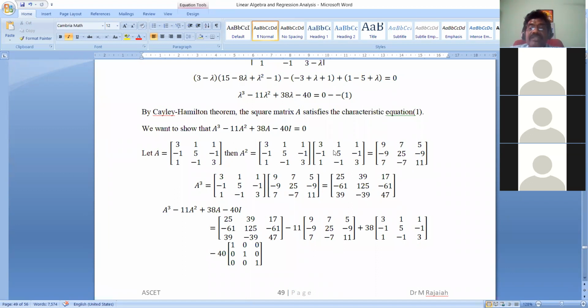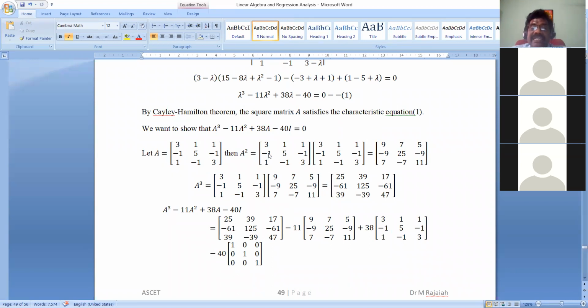Multiplying these two matrices, we get 3 into 3, 9, 1 into minus 1, minus 1, 1 into 1, that is 9 itself. Next, 3 into 1 plus 5 into 1, that is 8, minus 1, 7. Next, 3 into 1, minus 1, plus 3, that is 6 minus 1, 5.